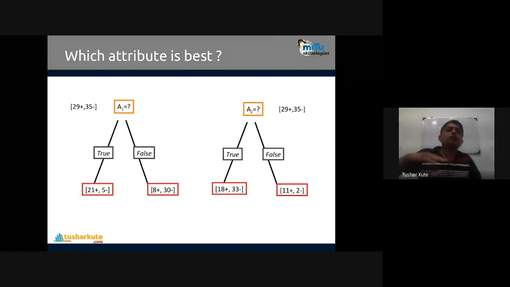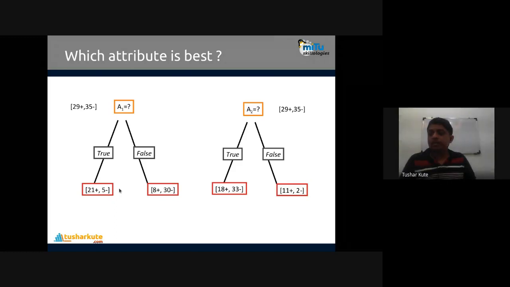So when I want to make a split, maximum positives should be on one side and maximum negatives on the other. I have a first feature A1 and a second feature A2, and a condition is given for A1 and A2. Now when feature A1 is chosen and this condition on A1 is true, see, out of 29, 25 positive samples are on this side, and out of 35, 5 are on the true side.